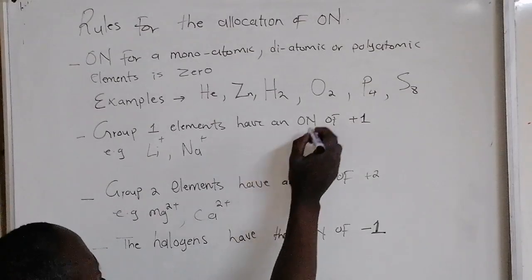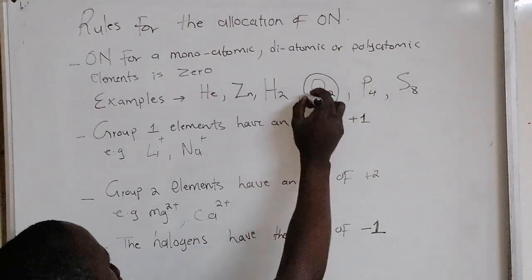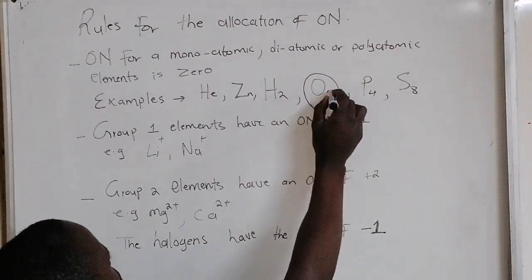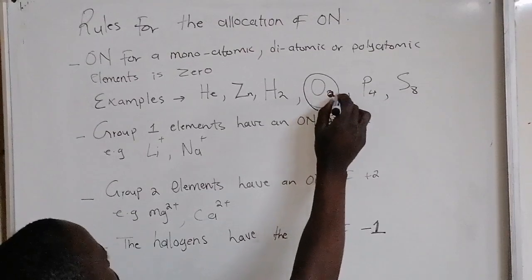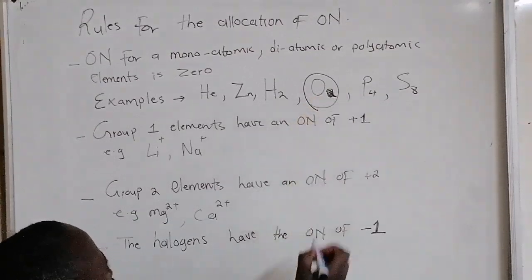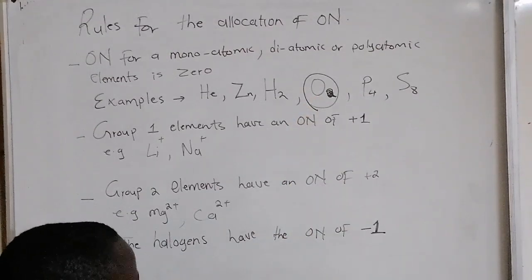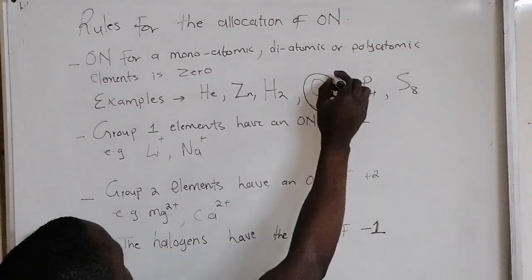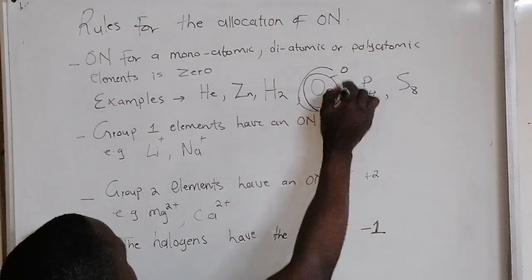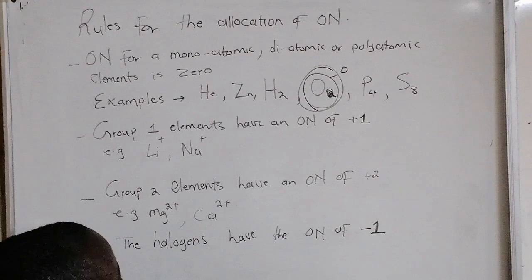For example, we know that since this is a diatomic element, because we can see that the 2 is repeated, the oxygen atom is repeated twice, it means that its oxidation number is 0, because this is a diatomic and oxygen is not combined with another element.